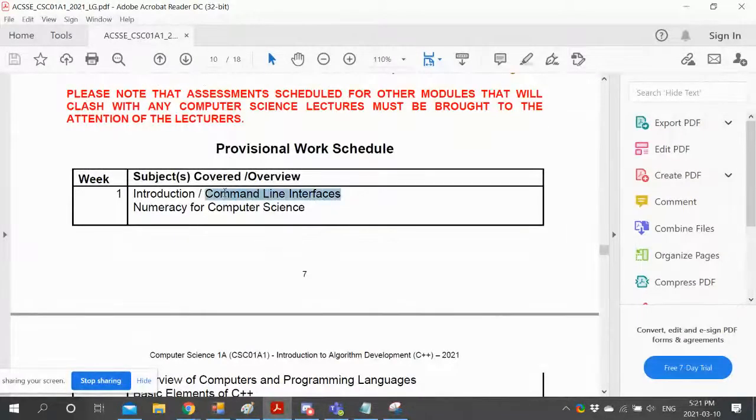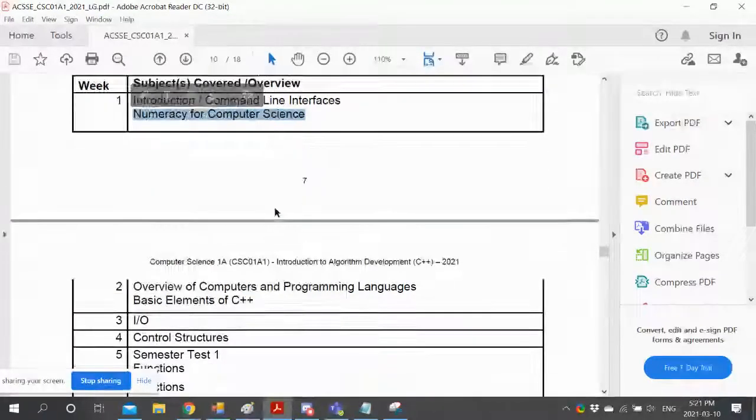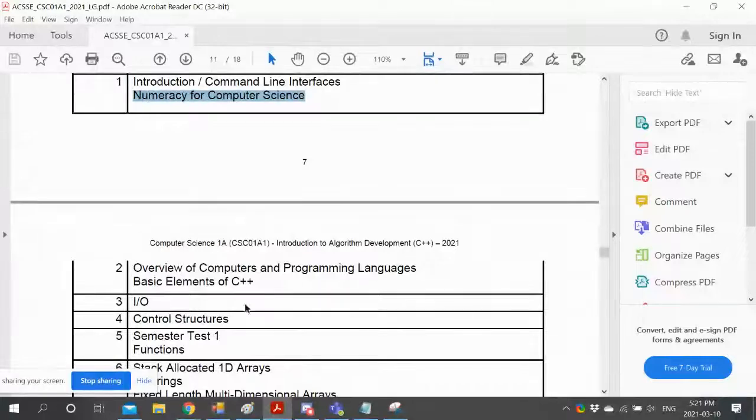So in the first week, command line interfaces, which we've shifted to the orientation as discussed, and then we'll discuss some simple mathematics and arithmetic that relates to computer science, as well as a basic theory about computers and programming languages, and the simple building blocks of a C++ program in terms of input, output, and expressions.